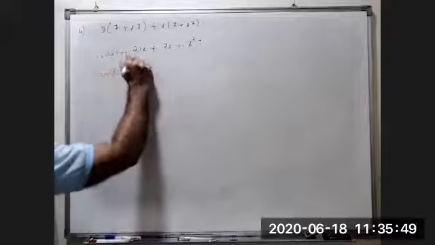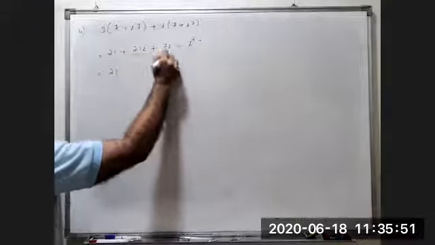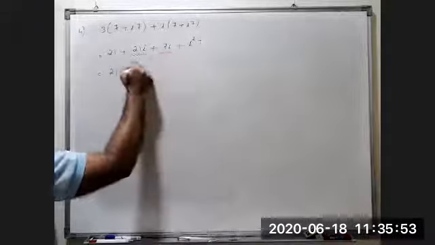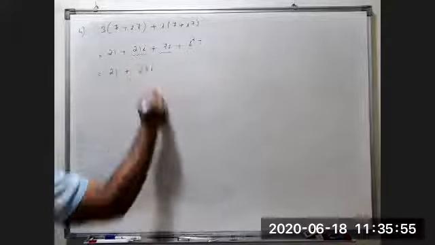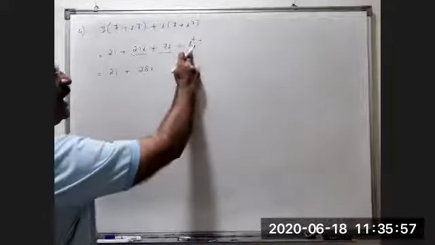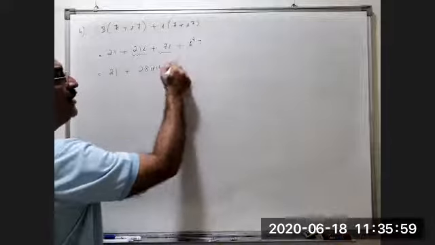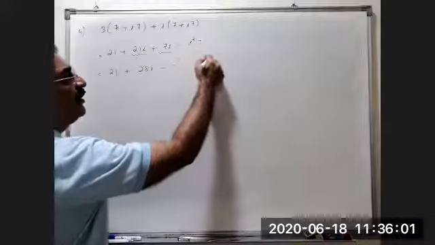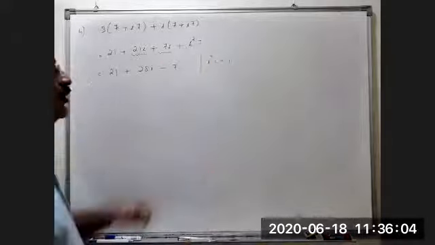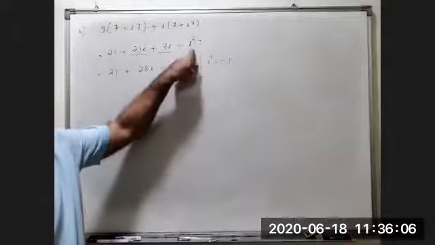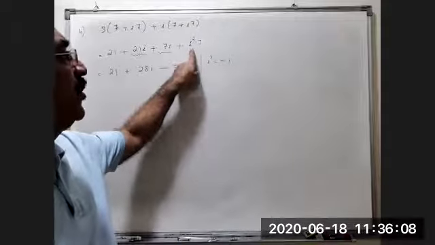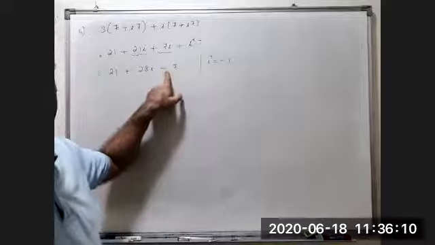This 21I plus 7I, like normal addition, is 28I. I square is minus, so minus 7. The reason is I square is minus 1. If you replace I square with minus 1 into 7, it is minus 7.